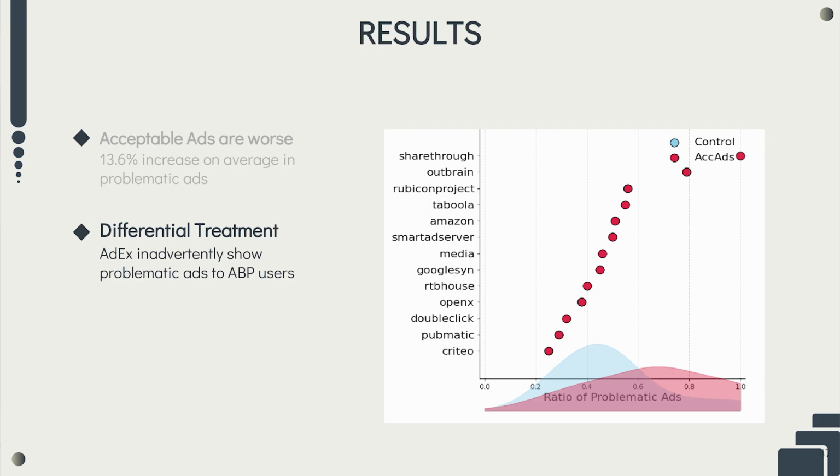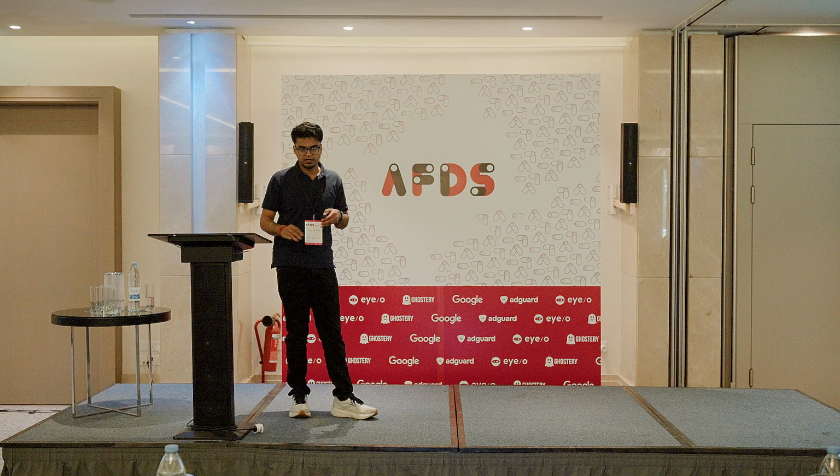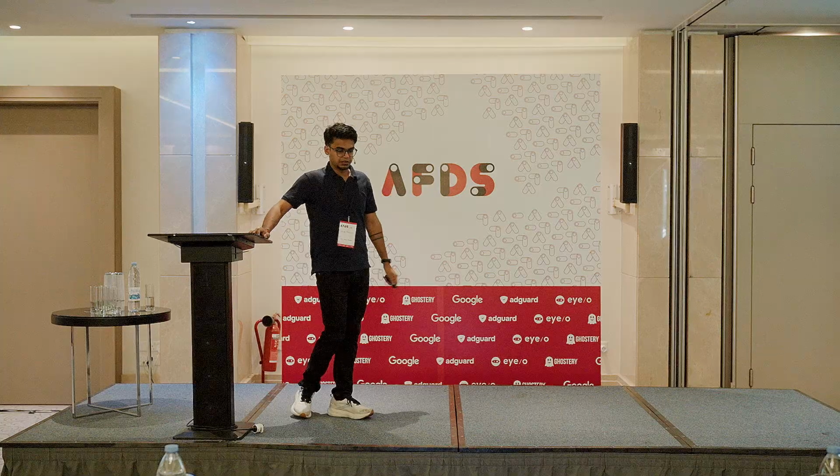And this poses a whole new set of questions to us, which we did not explicitly look into. But for example, if we see Criteo, it sees a steep rise in the ratio of problematic ads, but you would assume Criteo to be a fairly good player in the market.